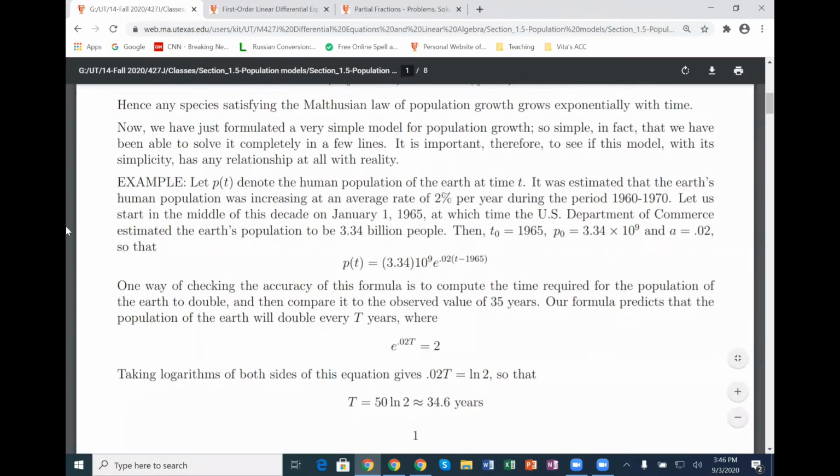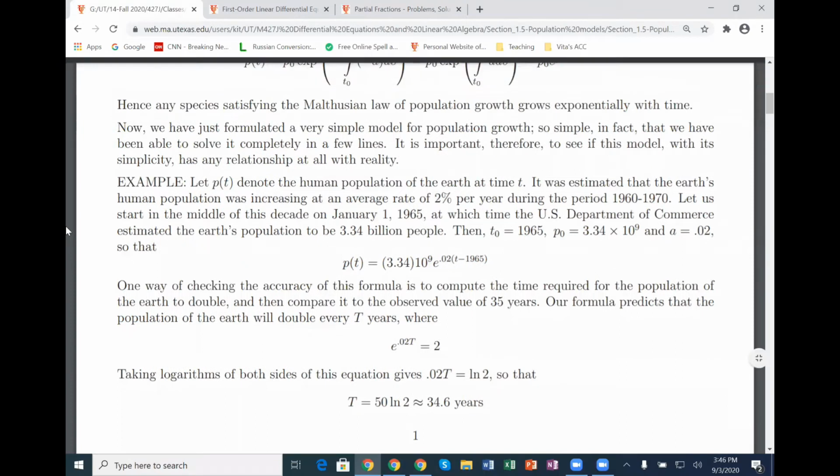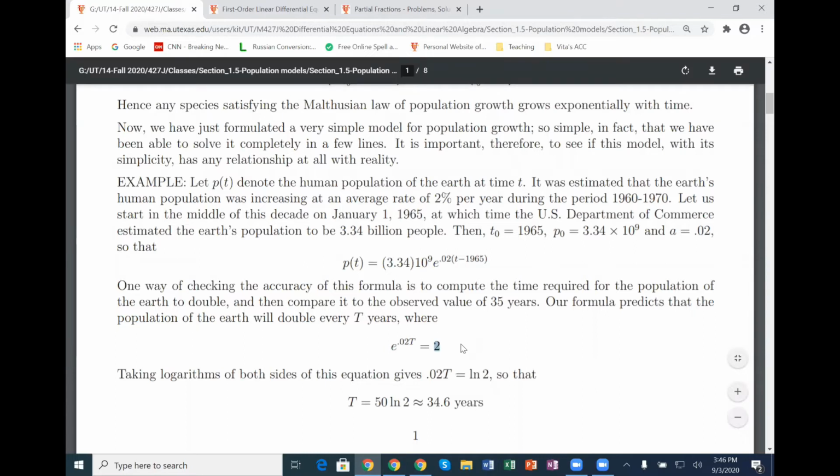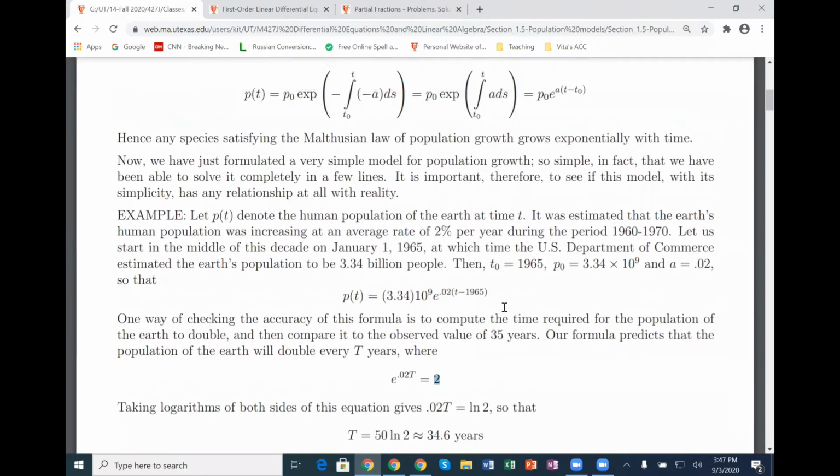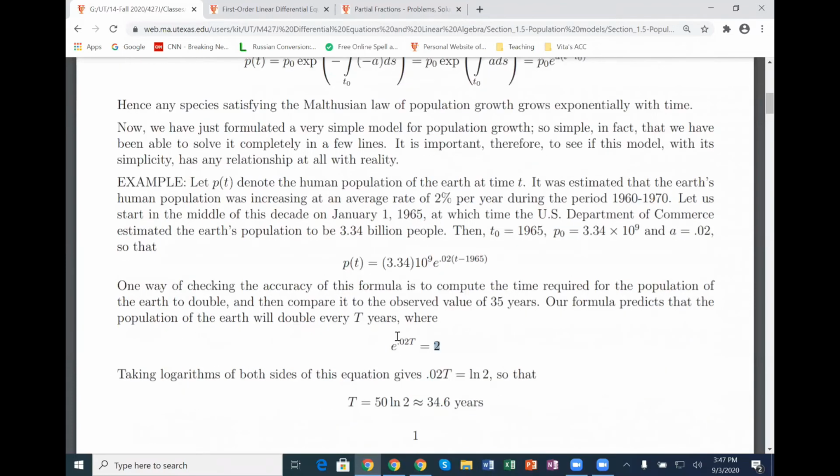Any other questions? So how would we, let's say the population quadrupled, what we do, we'd set e^0.02t to 4? Yes. So instead of 2, we put 4. Okay, so it's essentially just putting the number that we're looking for. Well, once again, the way we come up with this is the following.